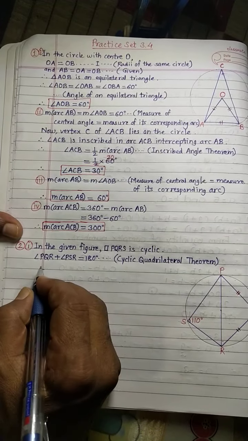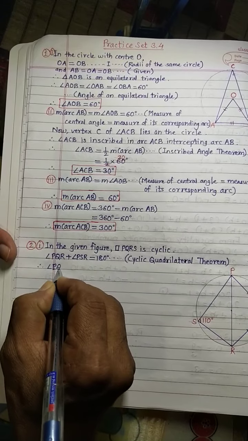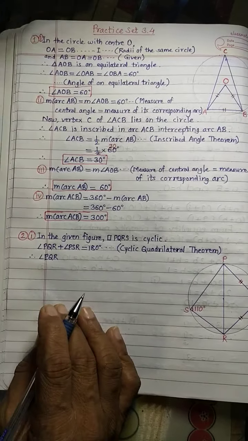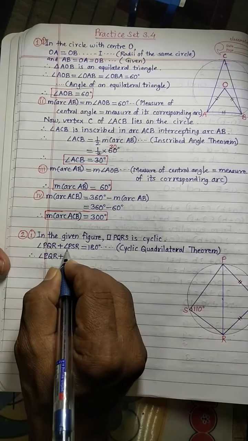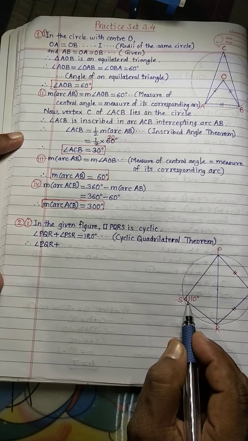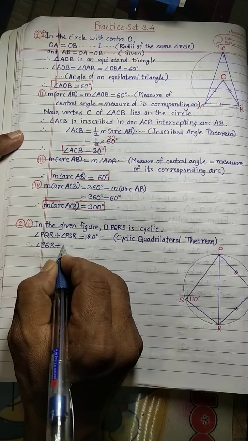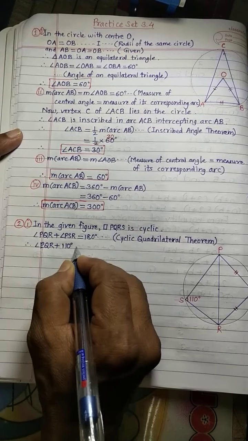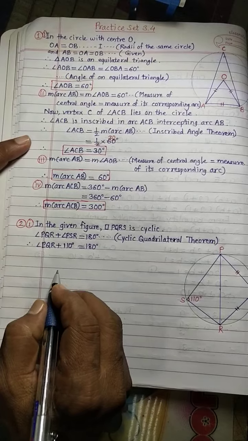Okay, so here angle PQR plus angle PSR. Let us see, here measure of angle PSR is equal to 110. So in place of angle PSR I write 110 degree, is equal to 180 degree.